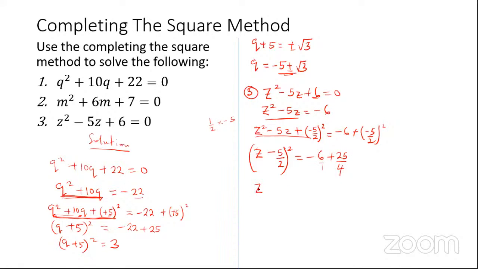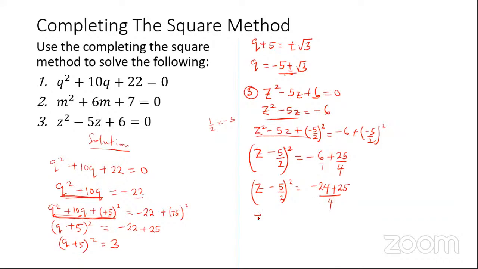So we have z minus 5 over 2 squared equal to, find the LCM here, minus 24 plus 25 divided by 4.